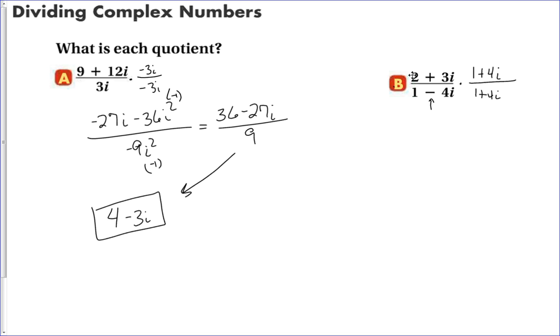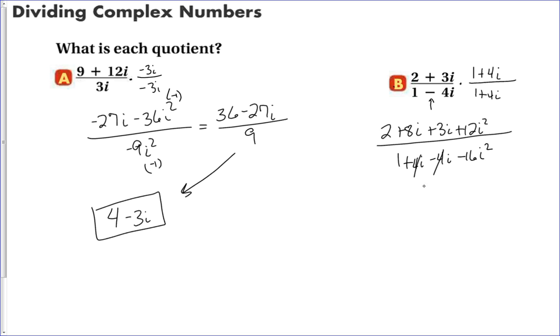I'm not going to draw all the lines, but you're going to get 2 plus 8i plus 3i plus 12i squared over 1 plus 4i minus 4i minus 16i squared. That's what you should get when you FOIL the top together and then you FOIL the bottom together.